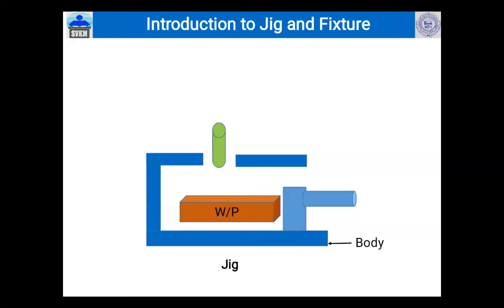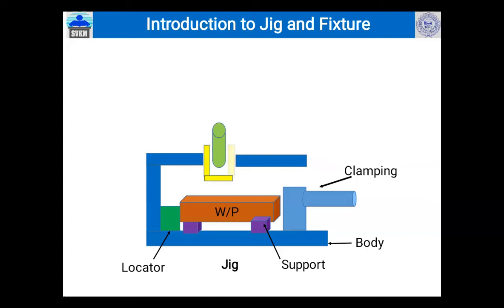From front side, if we give a stopper, which is called a locator, and at the bottom we give support, and to hold the workpiece we provide a clamp, and to guide the cutting tool, if we add a cutting tool guide element, which is a bush, and carry out a drilling operation, in that case the cutting tool is guided by a bush.